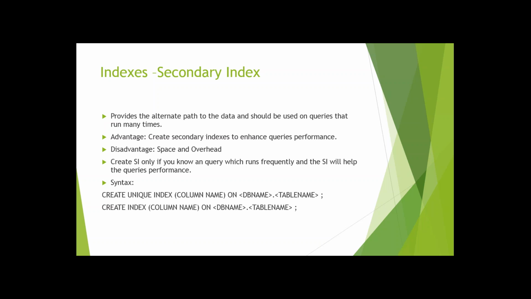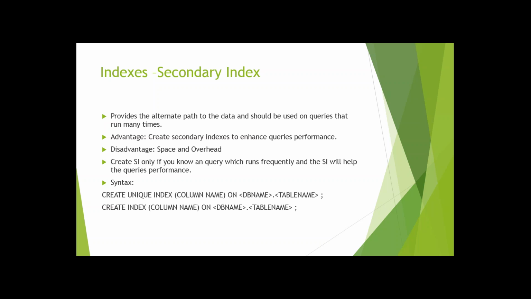So you can create a secondary index on department number, so then you can alternatively access the data. Rather than accessing the entire table, you create a secondary index to only look at people who have worked under department number 101.